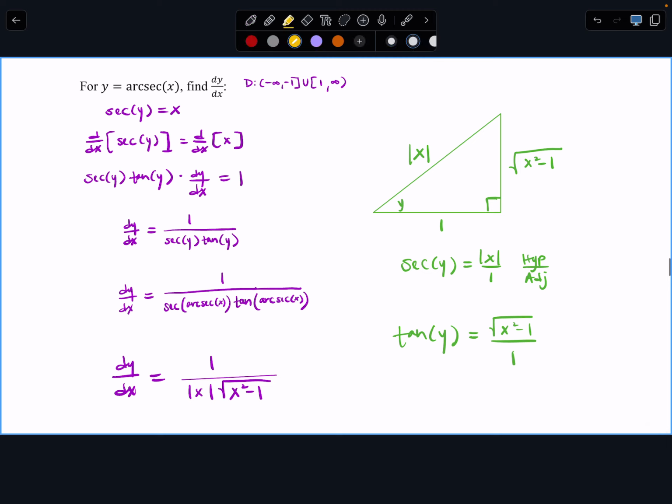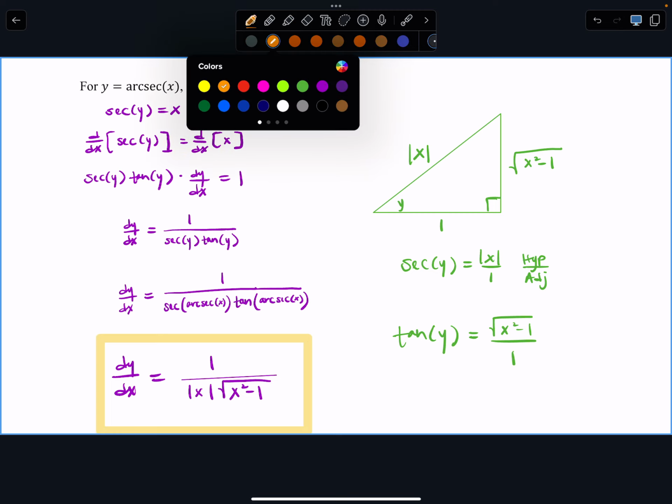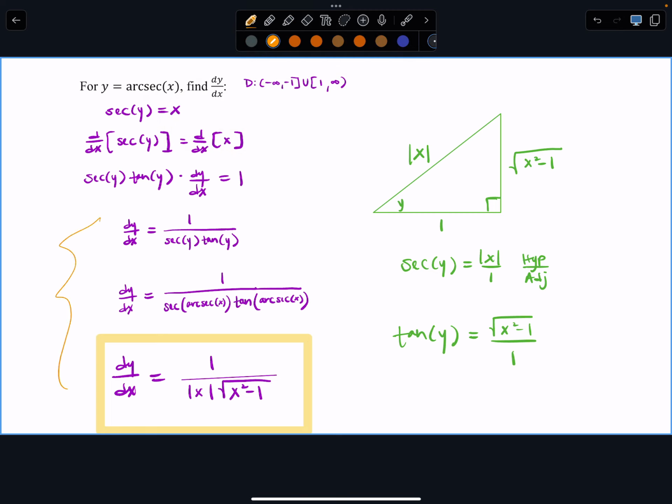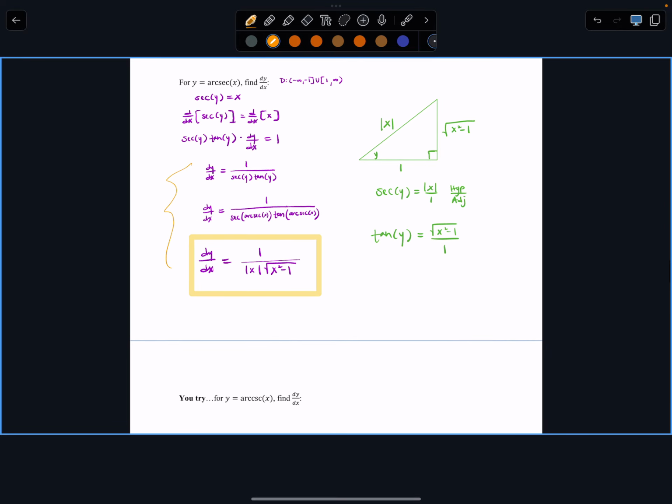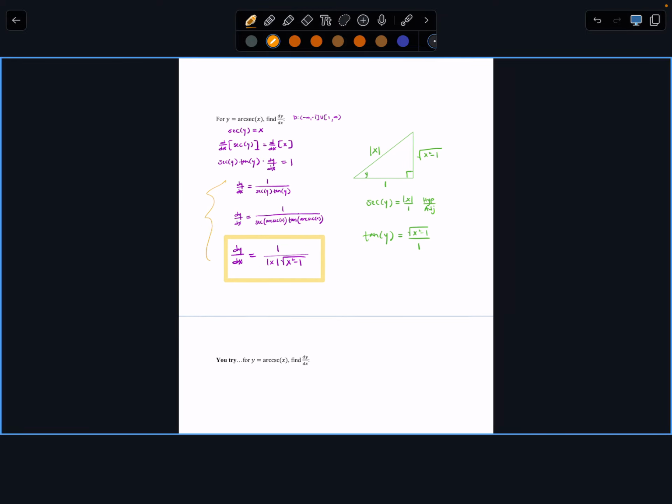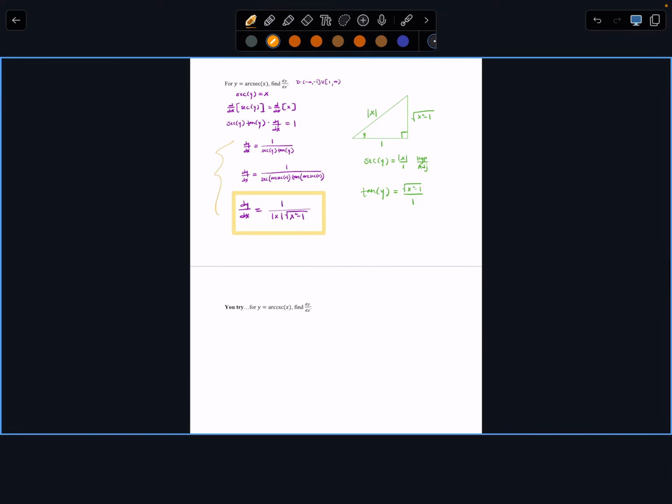Okay, so this is how we typically think about the derivative of arc secant, although all three of these statements represent the derivative. And another spoiler alert, the derivative of arc cosecant is just the opposite of the derivative of arc secant. Which is kind of nice from a memorization perspective, right?